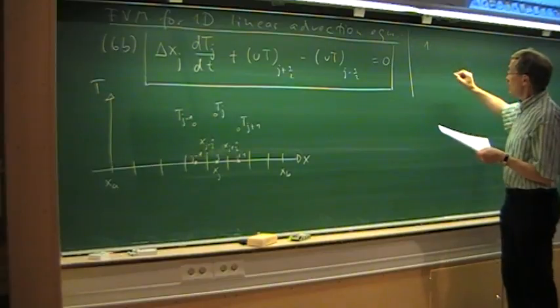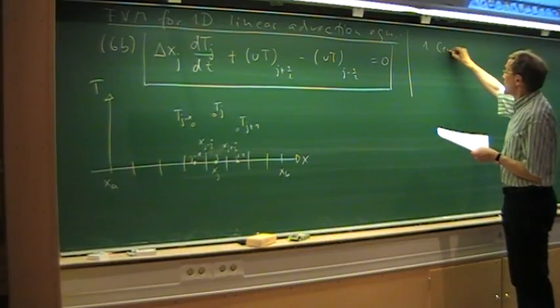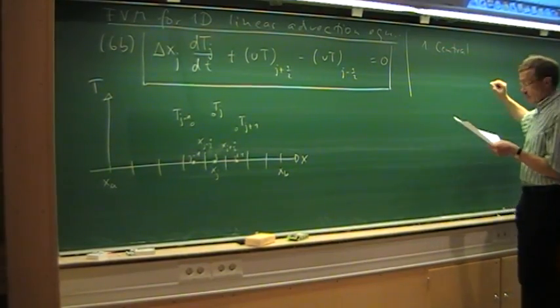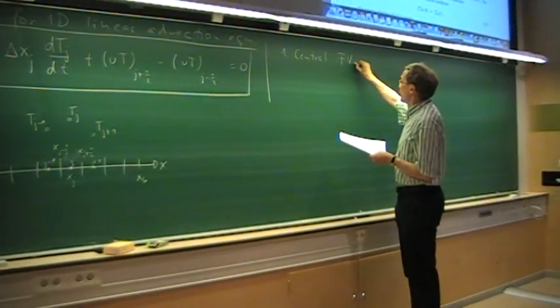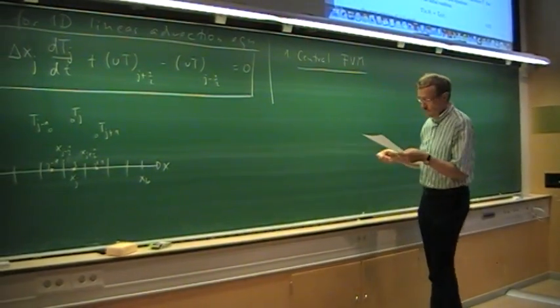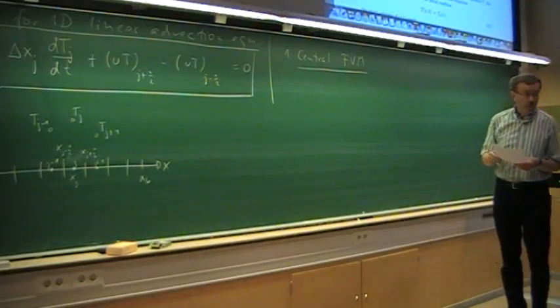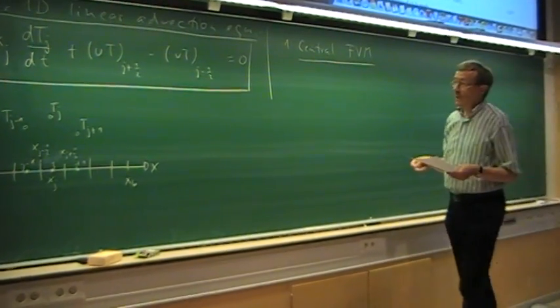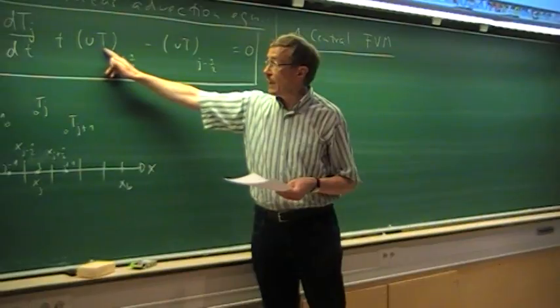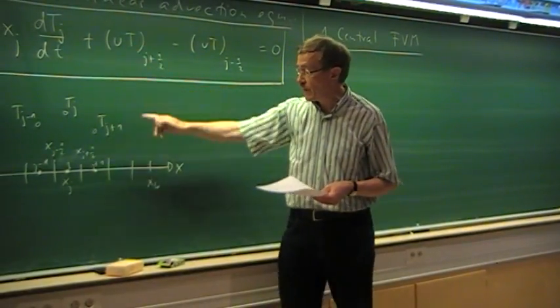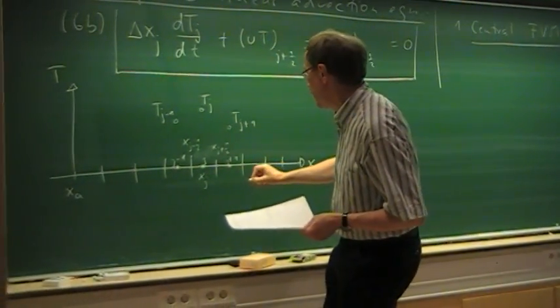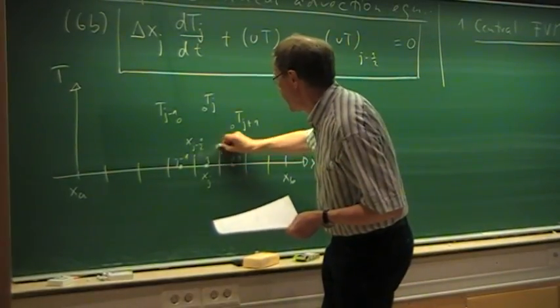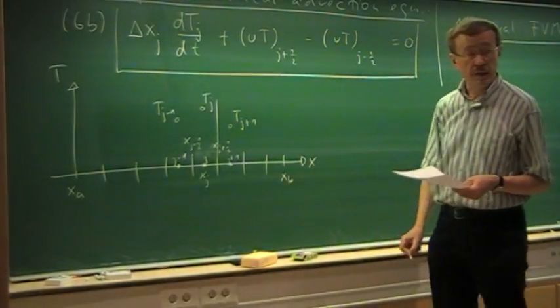The first possibility we have already seen mentioned last time, that is the central finite volume method. In the central finite volume method, we approximate the flux at the face j plus 1/2, that is the flux that we have here. So at this face, we concentrate on that.